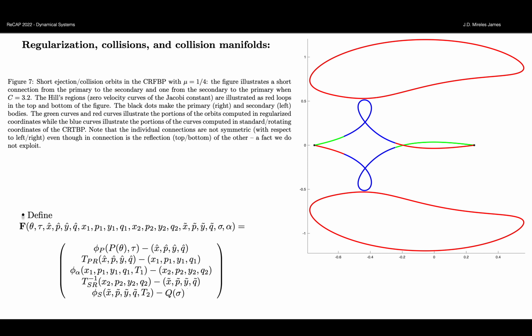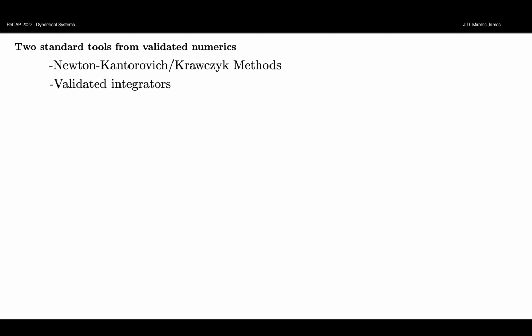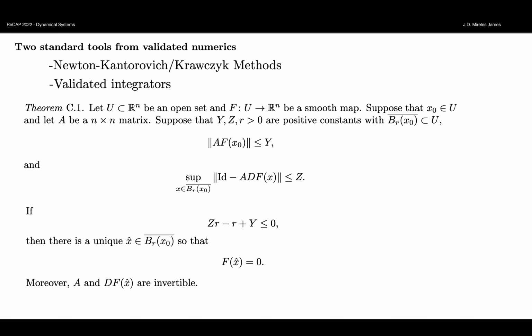Okay. We do this using two standard tools. We use Newton-Kantorovich methods and we use validated integrators. So Newton-Kantorovich type theorems, everyone at this workshop is super familiar with. Okay, given an approximate solution of f, we want to conclude there's a true solution nearby.